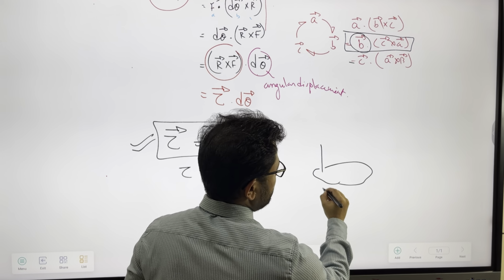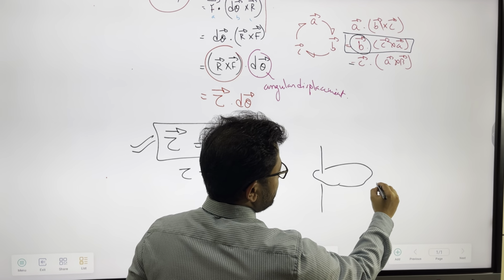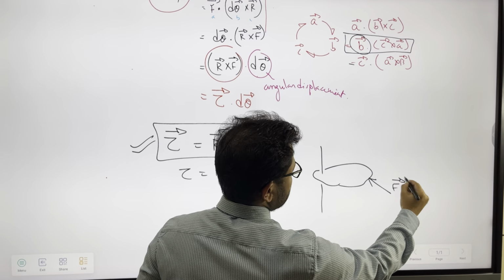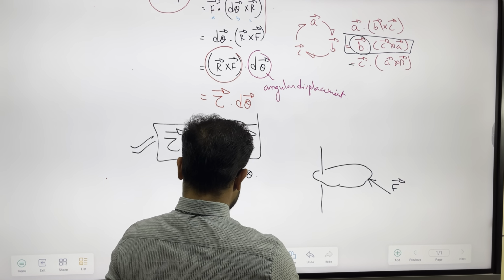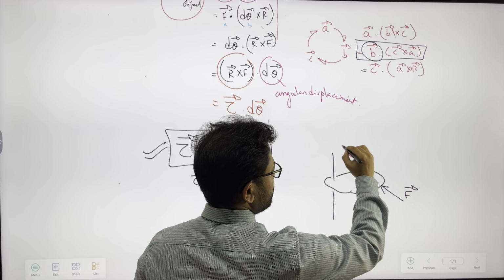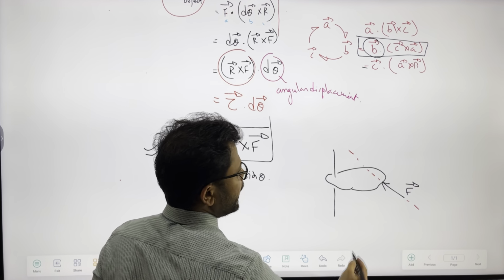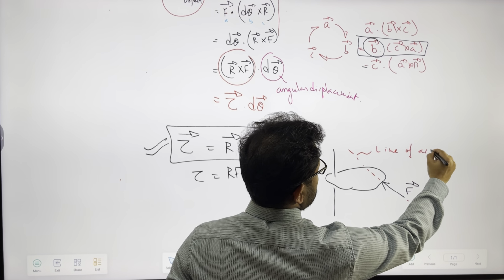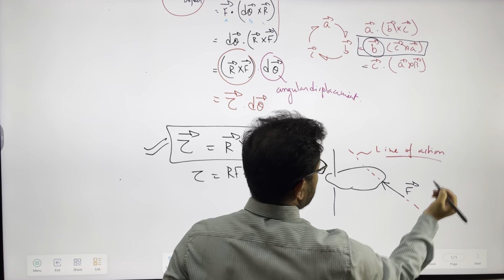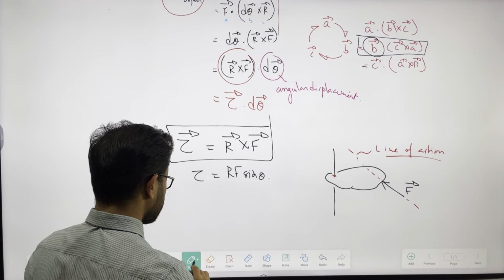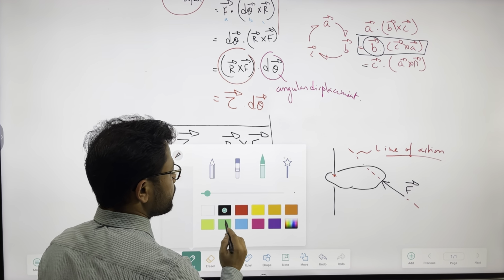So let's take an object, and it is given this amount of force. This is F. Then we can think about a line of action. This is what? Line of action. Okay, and this is the point about which this object is going to move.